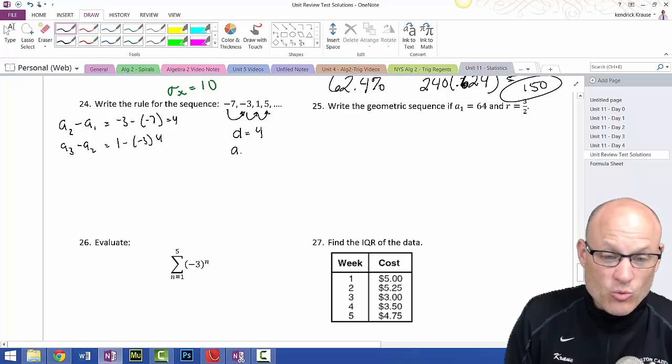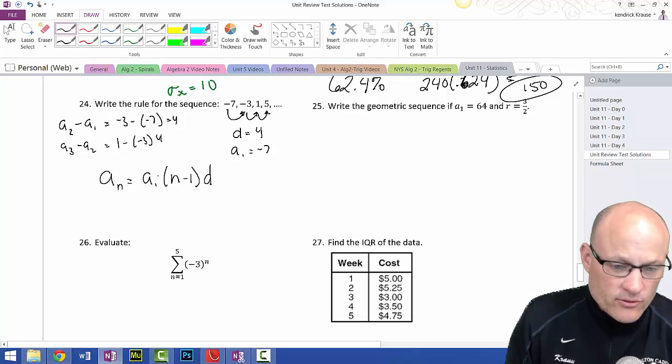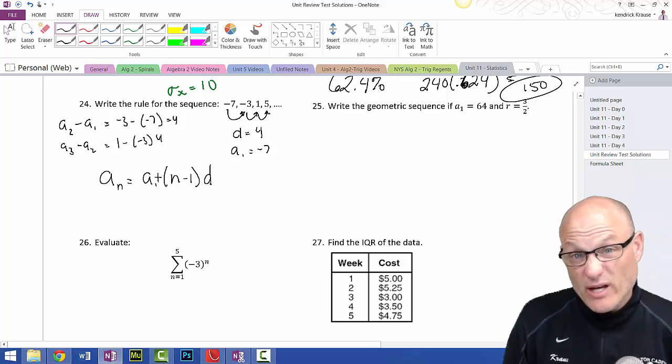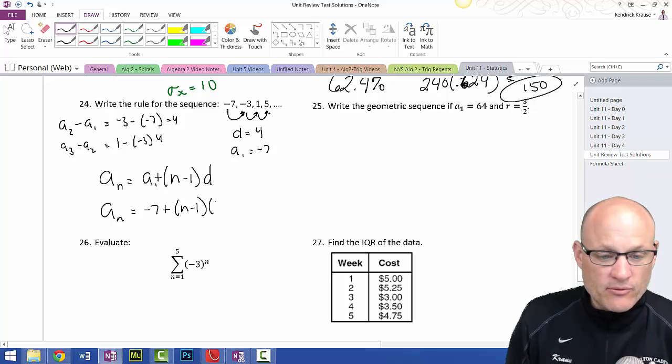My A sub 1 is -7. So my equation is A sub n equals A sub 1 plus n minus 1 times D. I forgot the plus, because this is arithmetic, so we have to add. So A sub n is equal to negative 7 plus n minus 1 times 4.